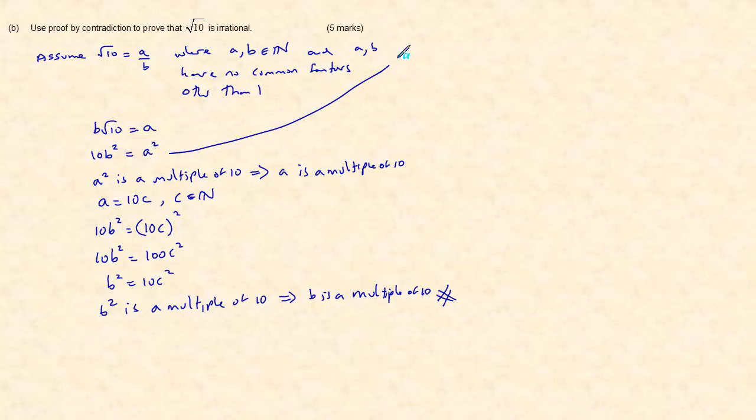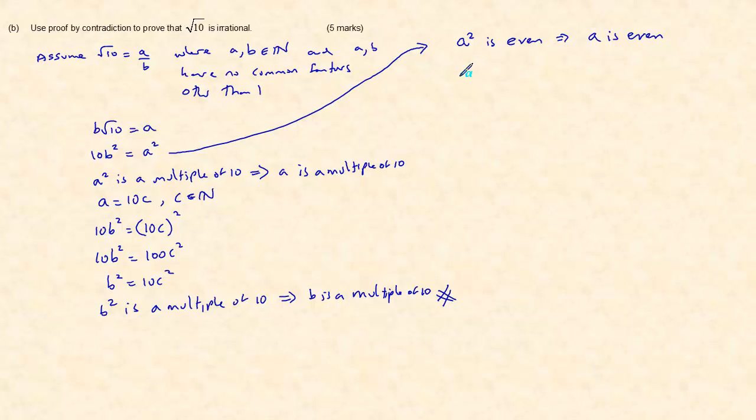Alternatively, from here you could go about the algebra differently. You can say that a squared is even, and that means that a is even.